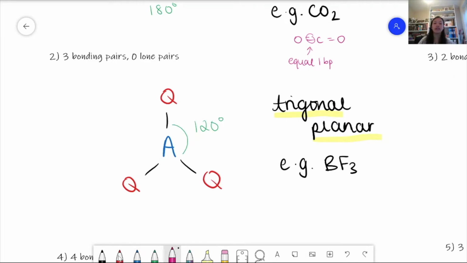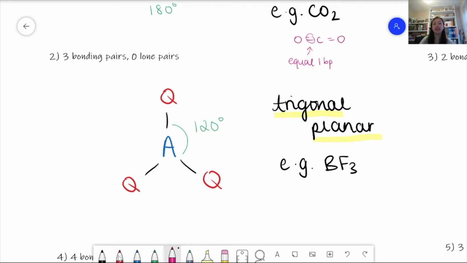So they want to be as far away from each other as possible. That's why 120 degrees is the bond angle, because a full circle would be 360, and because you've got 3 of the same atom, they repel each other by the same amount, and so one of these angles would be 120 degrees.